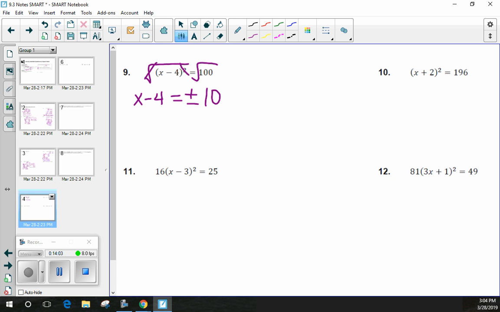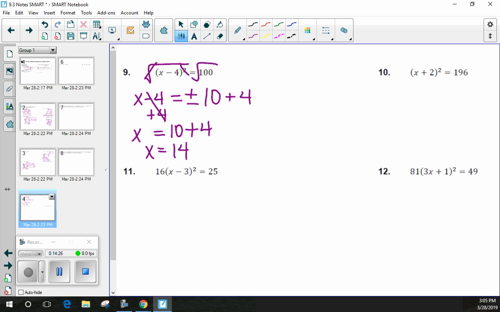Or you could move the 4 first. I'll show you both methods. You can see which one you like better. But I still have to acknowledge that when I'm solving for x, there are two situations happening here, guys. There's a positive 10, right? So one answer is positive 10 plus 4, which gives us a solution of 14.